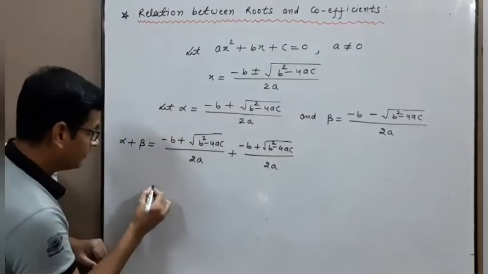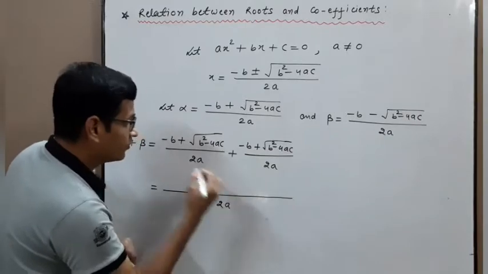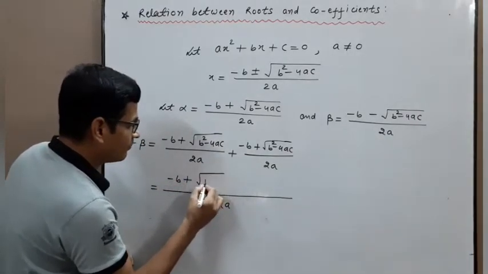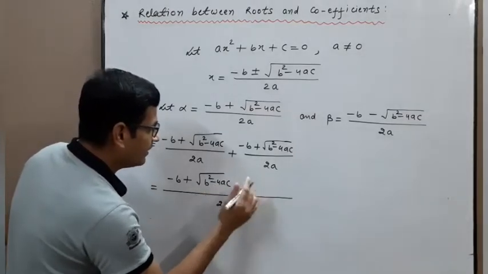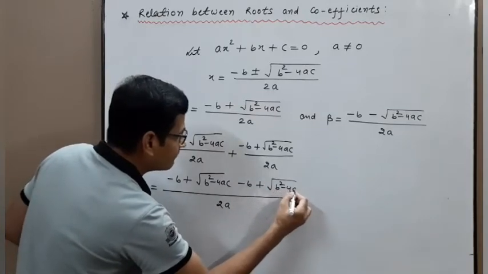Taking LCM, 2a. So minus b plus root b square minus 4ac, minus b, sorry, by mistake I wrote the wrong sign, correct it: minus b minus root b square minus 4ac.